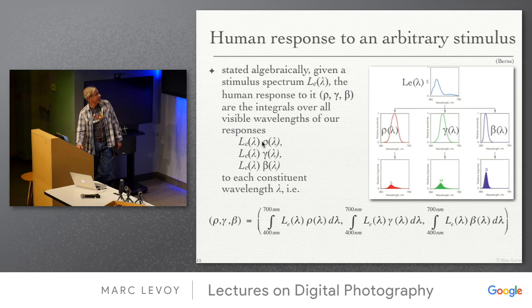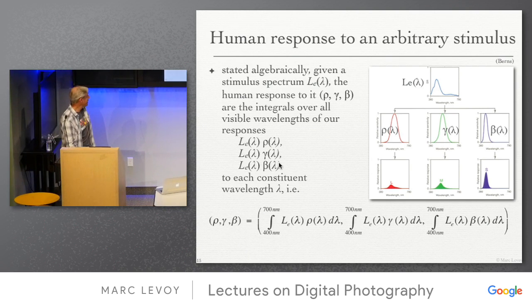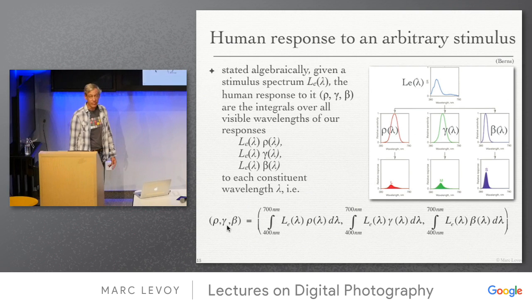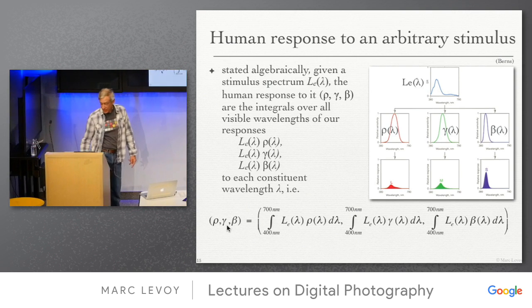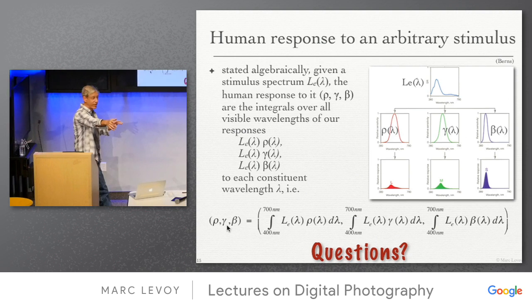So the response to rho is then at each wavelength multiply that stimulus by the rho function, by the gamma function, by the beta function, and then integrate. So this is just in symbols what I just said in words. And that yields 3 numbers. Okay? Are people completely clear on that? Because it's going to get more complicated.